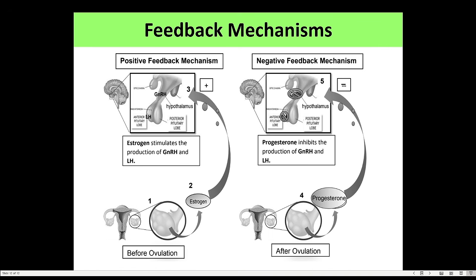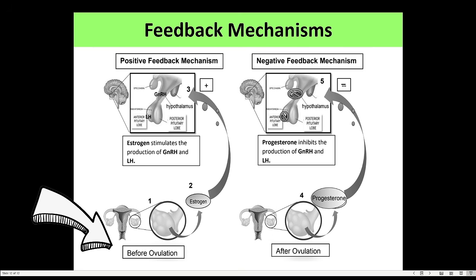For example, in the picture that is shown on your screen, which was taken from the module that you have, an example of a positive feedback mechanism related to the female reproductive system is the one that happens before ovulation. Prior to ovulation, this is the follicular phase.